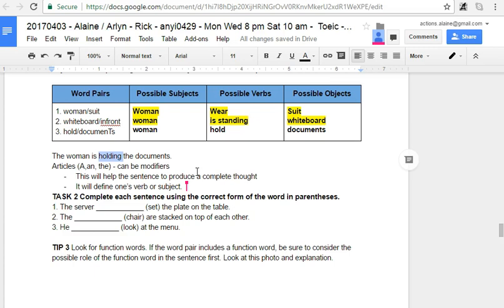You cannot say, woman is holding the documents, or woman is holding documents. That is going to be a phrase which has an incomplete thought. But if you say the woman is holding the documents, that will make the sentence complete. So, in short, articles are used to help the sentence provide a complete thought.